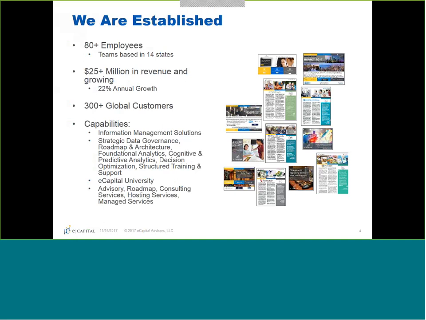We have 80-plus employees, with teams based in 14 different states. We're growing quickly. A big one is that we have 300 global customers, and we're always focused on success and on that relationship.